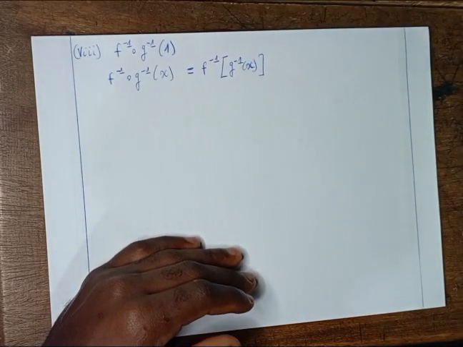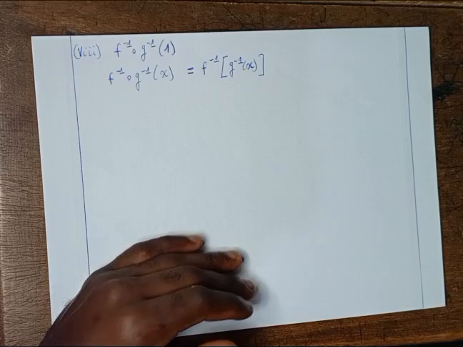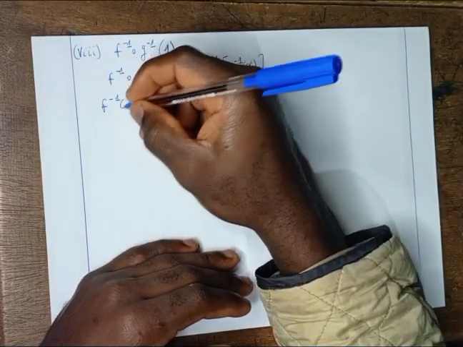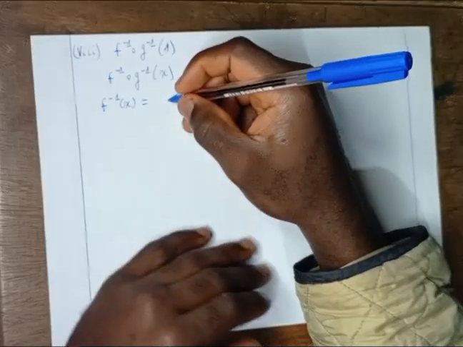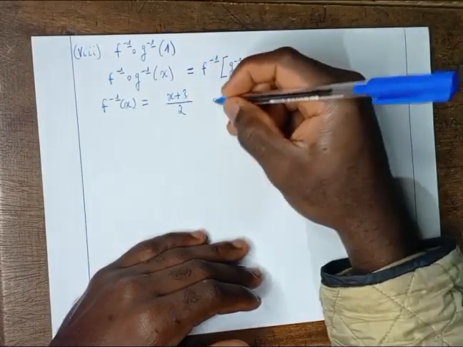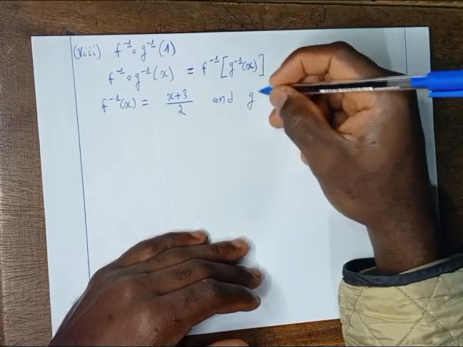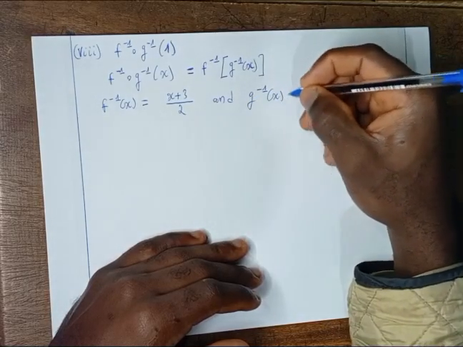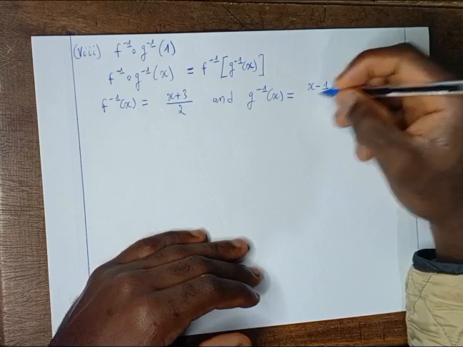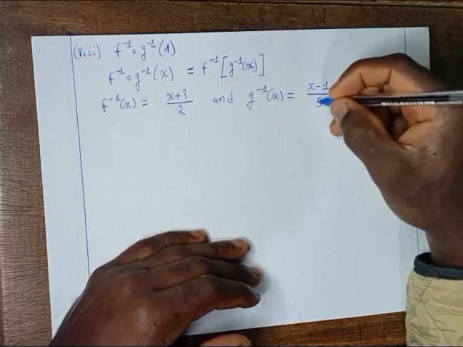Luckily we calculated the inverse functions. We know f inverse of x is simply equal to x plus 3 all over 2, and g inverse of x is equal to x minus 1 all over 5.